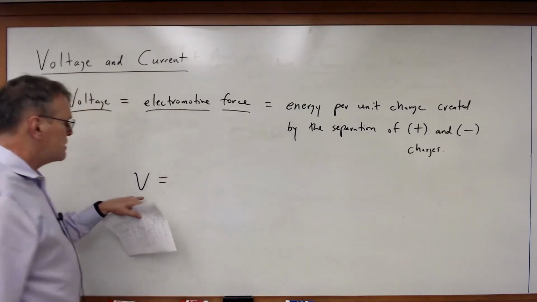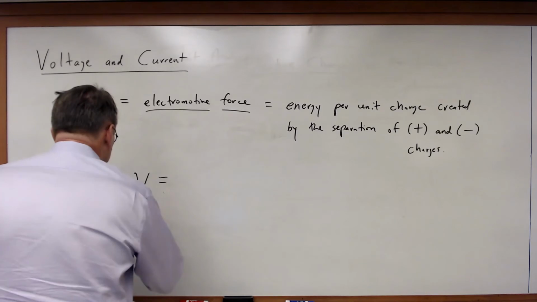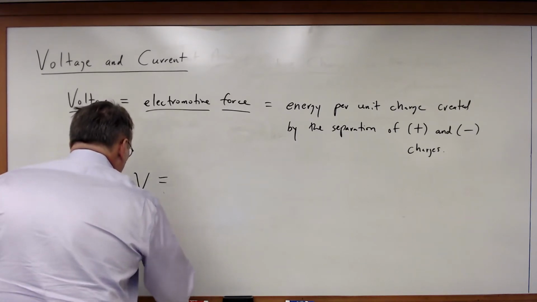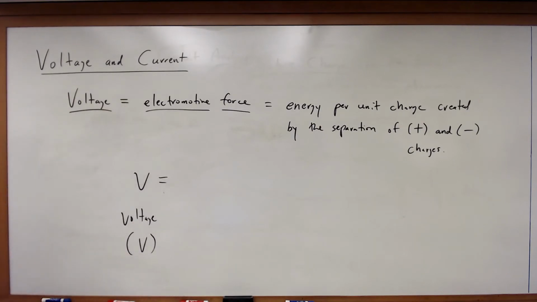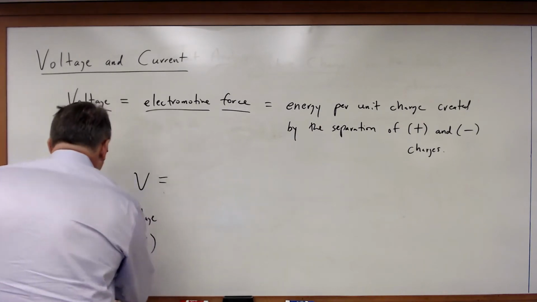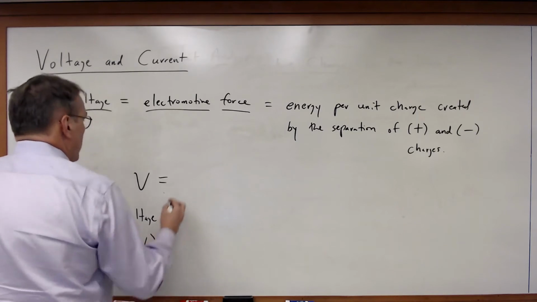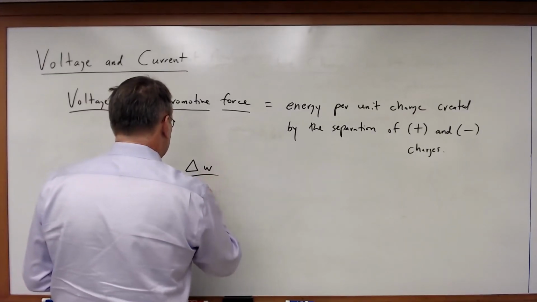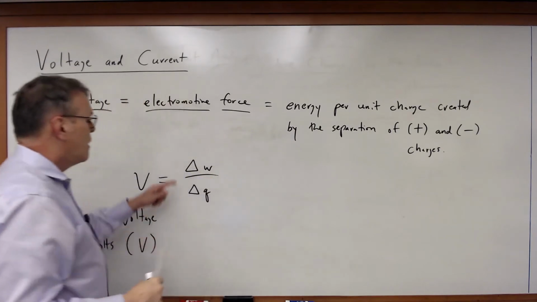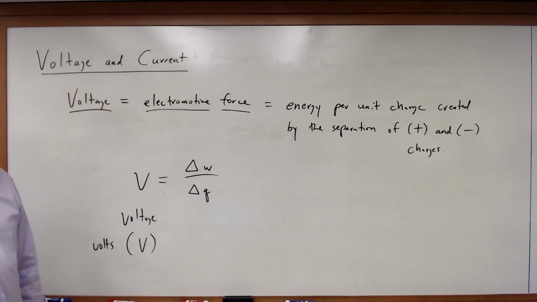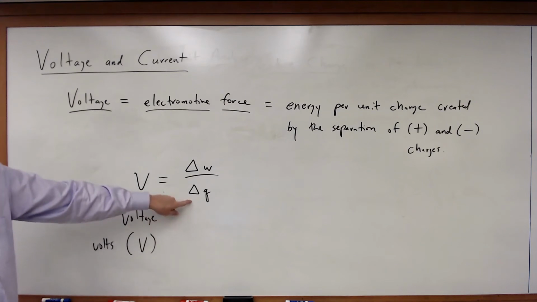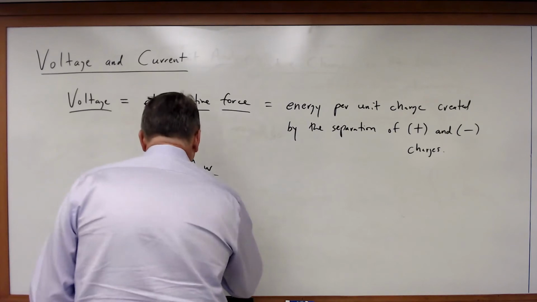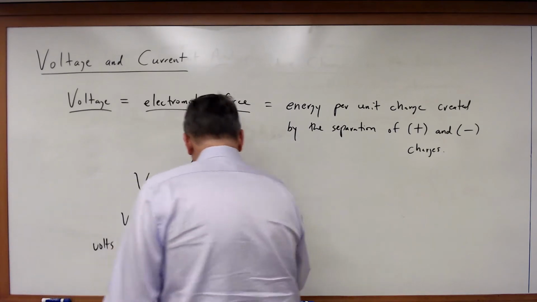Mathematically, we can write this as V, where V is voltage in volts, capital V. It's equal to the change in energy with respect to the change in charge. So delta Q is the same thing we saw before, change in charge. Delta W, in this case, W is energy in joules.